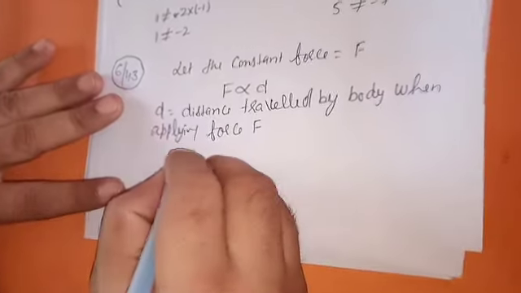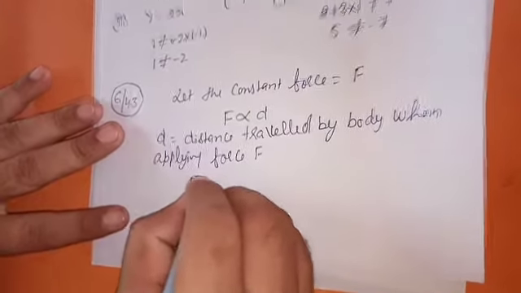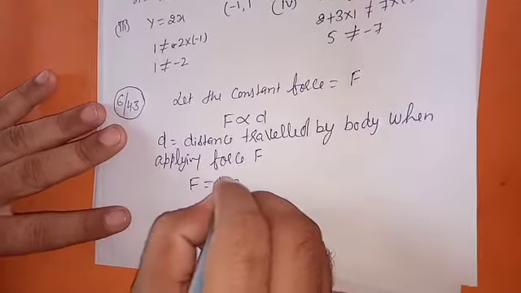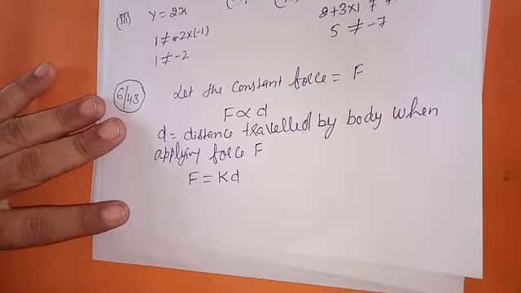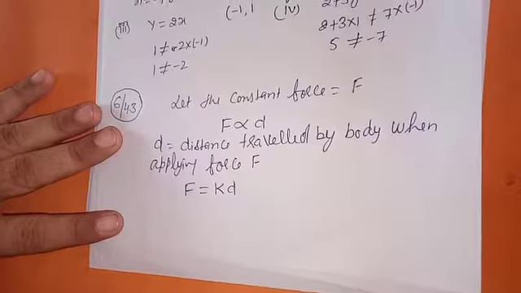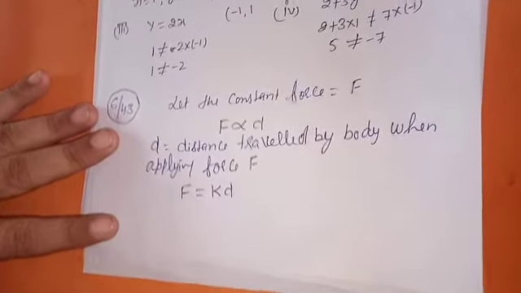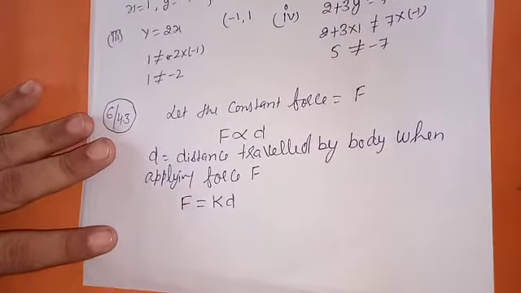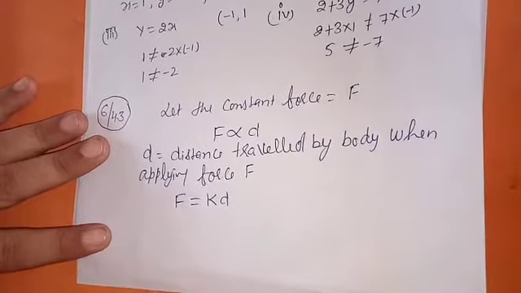So what does it become? F is equal to kd. Understood? K is a constant. Understood or not? So how can you solve?